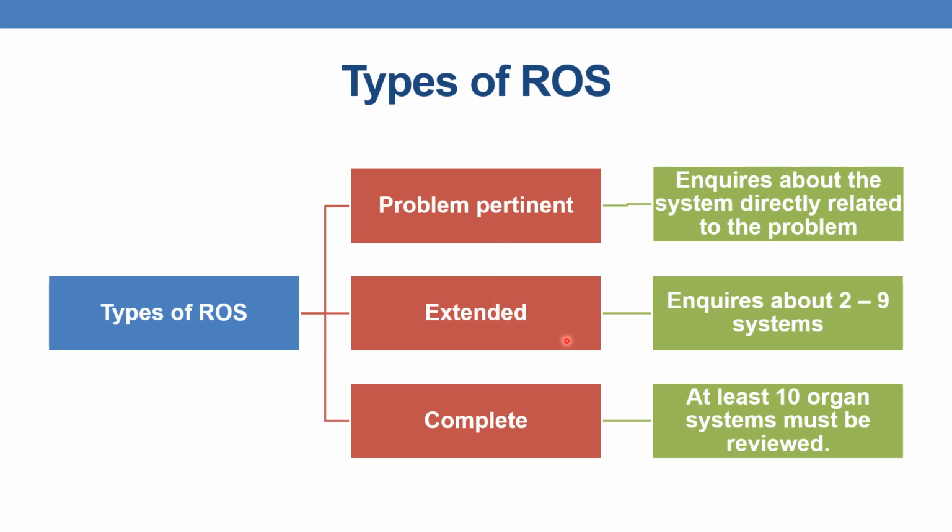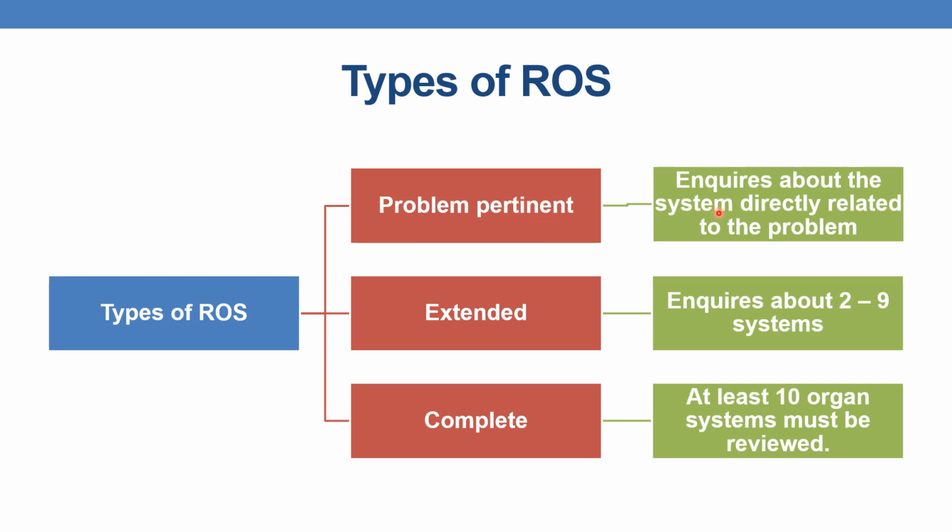Next is extended, which inquires about 2 to 9 systems from those 14 systems. If the physician inquires about 2 to 9 systems, then that ROS can be considered extended. If the physician inquires about at least 10 organ systems, then that ROS is complete. So the types of ROS are problem pertinent, extended, and complete.